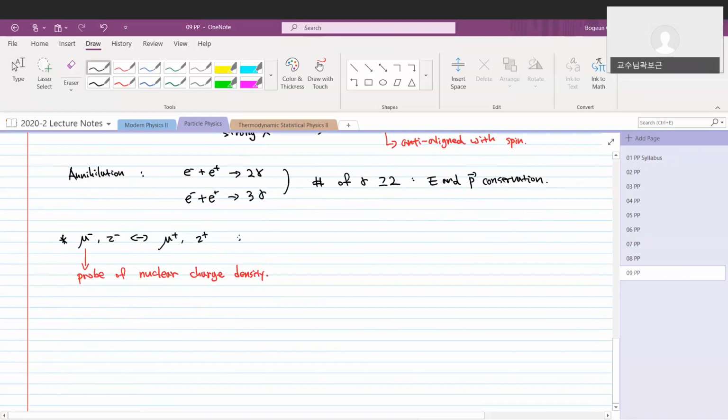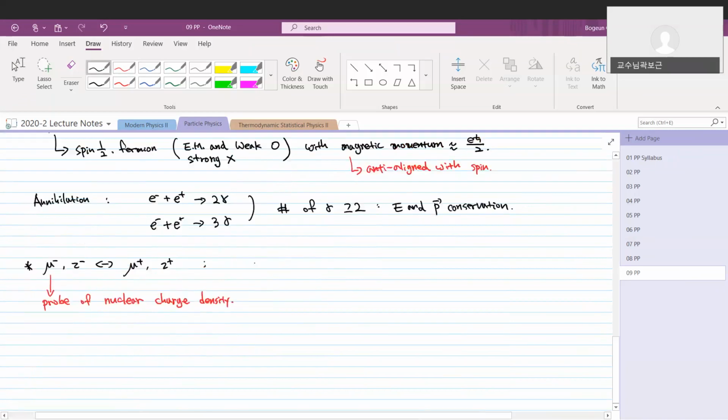And also neutrinos have their anti-neutrinos. So let's see the detailed things about the muon and weak interaction.